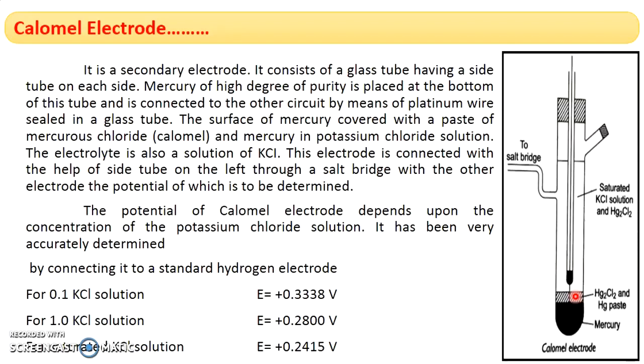It may be 0.1 concentrated KCl, or 1.0 concentrated KCl, or saturated KCl. The glass tube is filled up to here with the potassium chloride.